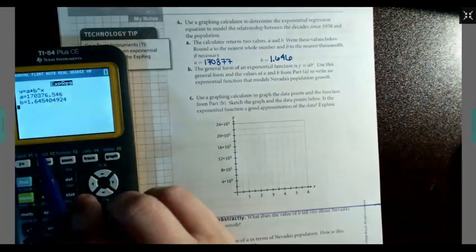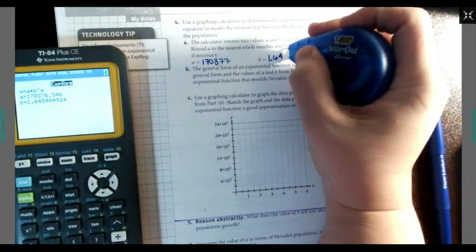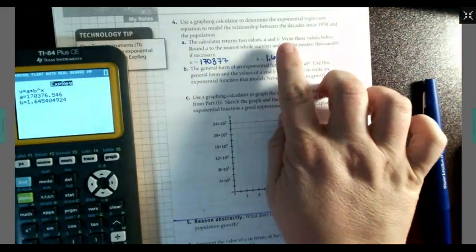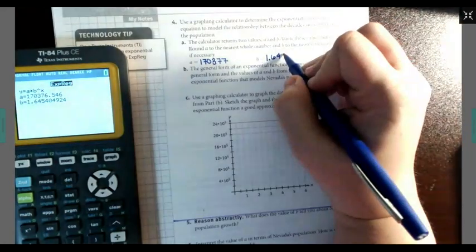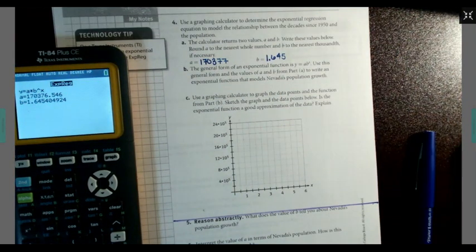And right here, this should have been 645. So I was off by a digit here as well. So I need to edit both of those numbers. Might not look like a lot, but slight details will affect your graph.